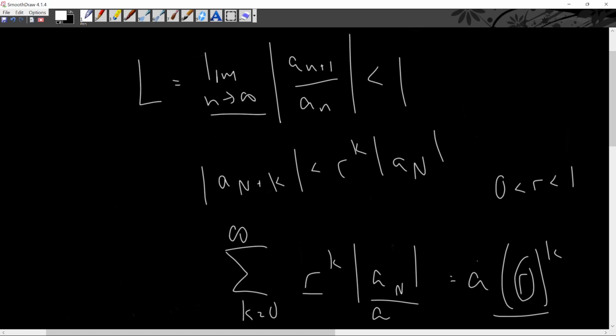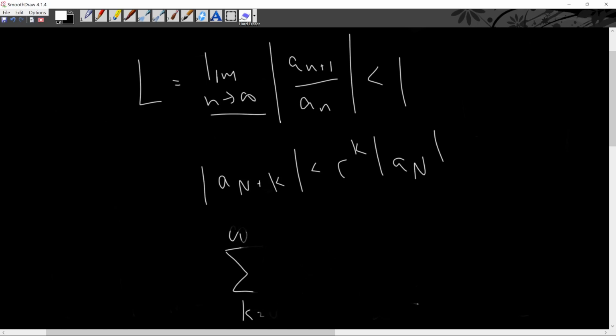Apparently I'm supposed to have taught the comparison test by now to make this possible, but we already acknowledged this thing, so I don't think the comparison test is super necessary. Let's write this out. We're going to be going from the N plus 1th term.